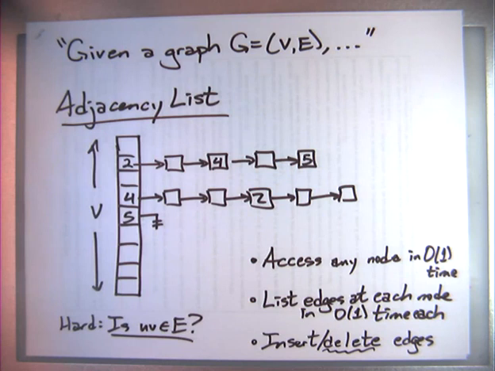Anyone else? Yeah. Maybe something related to graphs. I'm sorry? Something related to graphs. So there are applications of graphs where it is actually important to have an ordering on the edges incident to a vertex.